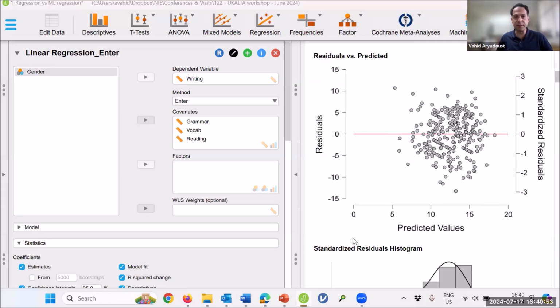Yes, very good. Yeah, I agree. Very good. So it not only supports linearity, but homoscedasticity. So if one of them is supported, it also provides some degree of support for the other one. But there are other better ways of looking into homoscedasticity.